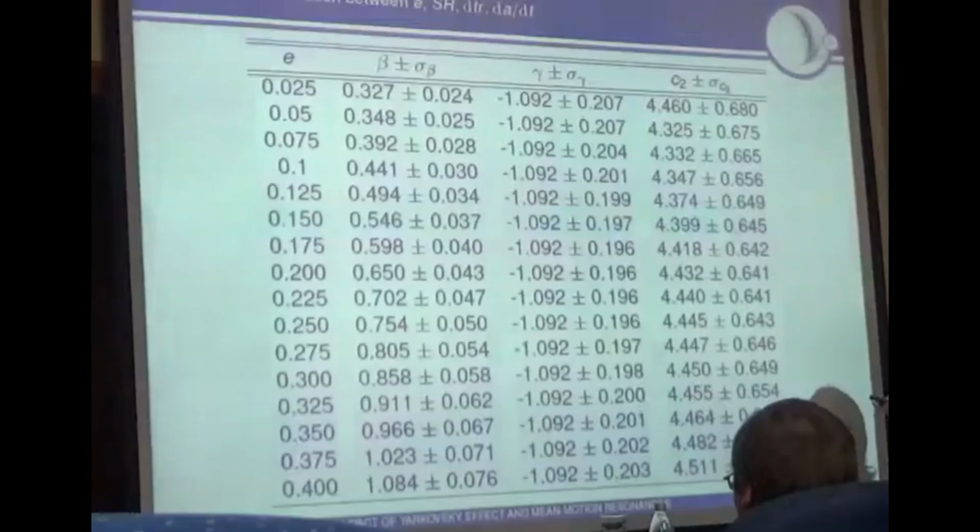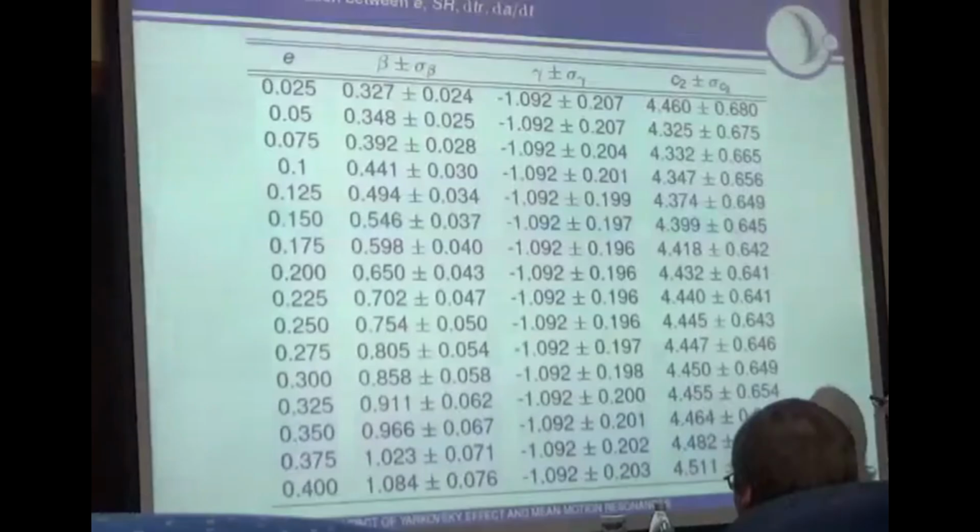We calculated the strength of resonances. We have 10 equidistant Yarkovsky drift speeds, and after applying the numerical method for the strength of resonances and the linear least squares method, we got results for these different values of eccentricity, from 0.025 with this step to 0.4.